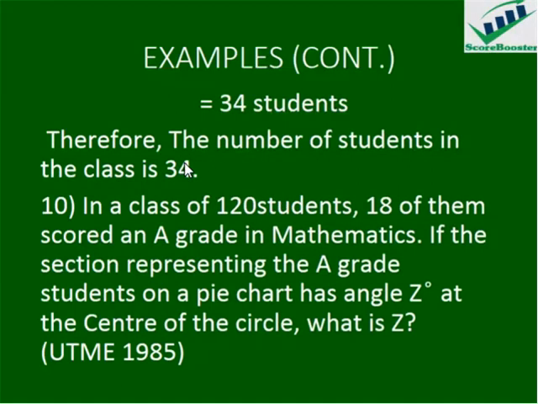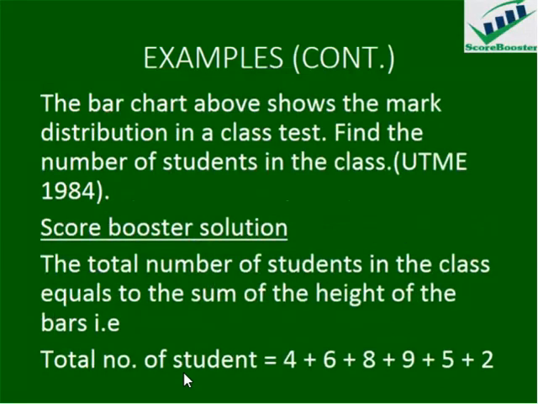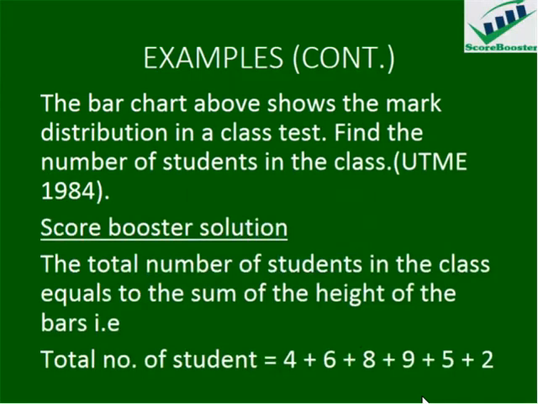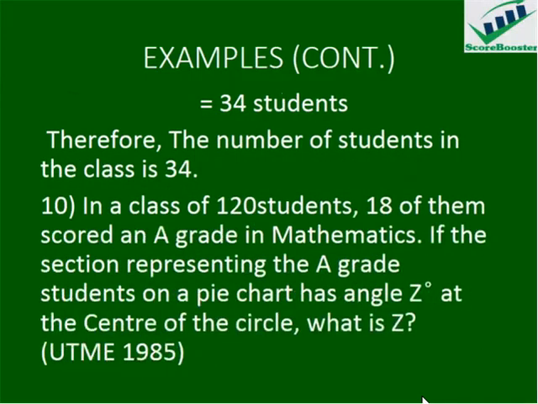It's as simple as that. If you want to know the total number of students in the bar chart, you just add the height of each bar. You sum them together to know the total number of students or total number of events that occur on that particular histogram. So now we move to the 10th question.